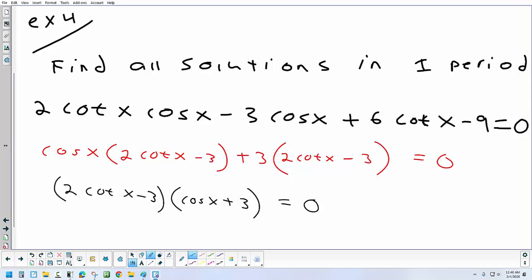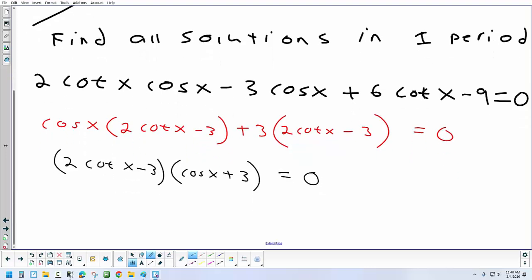All right, so now we've got our two factors. Reese, what do I do with each of those factors now? How do you do that?